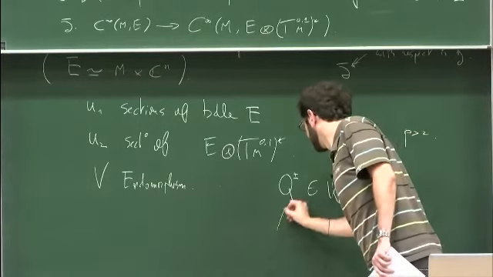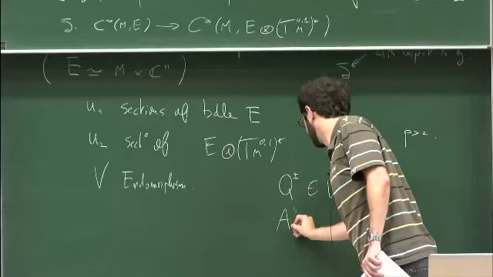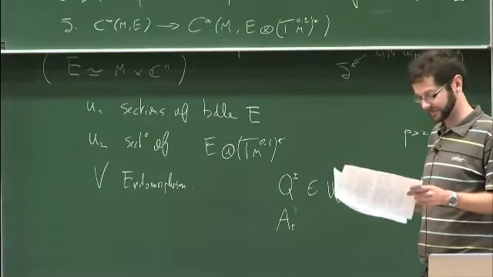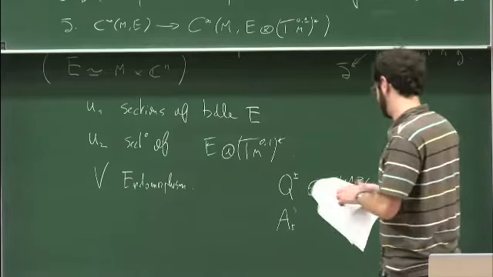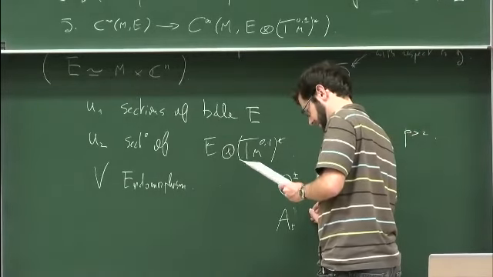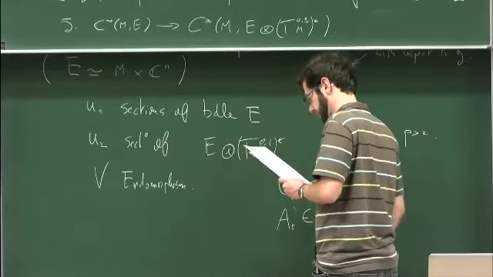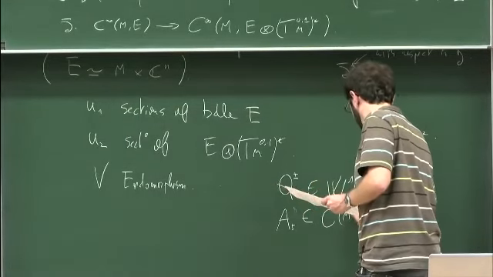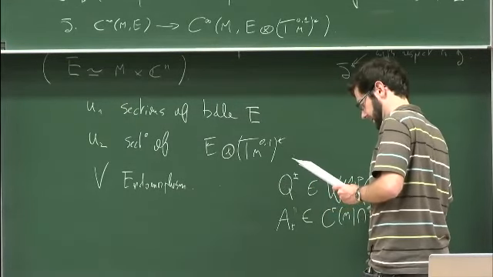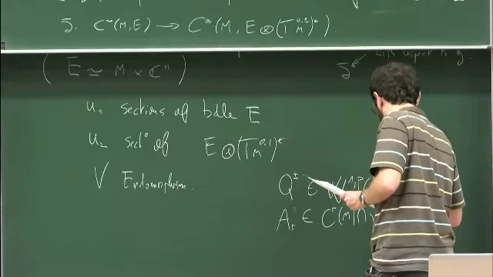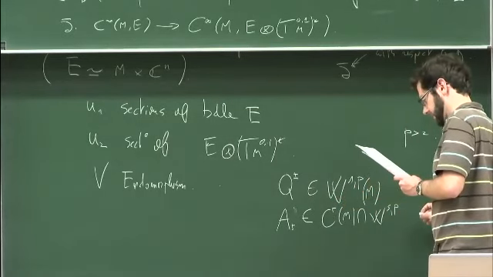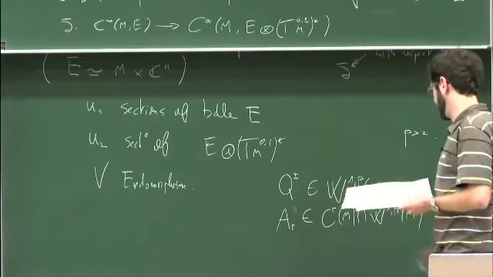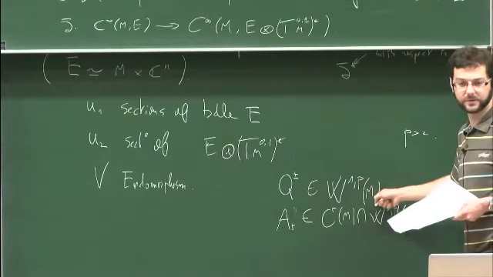And for A, we have a kind of bizarre condition: in some space, which is in C^r of M intersect with W^{s,p} or W^{s,q} of M. So these are the usual Sobolev spaces with one derivative in L^p.